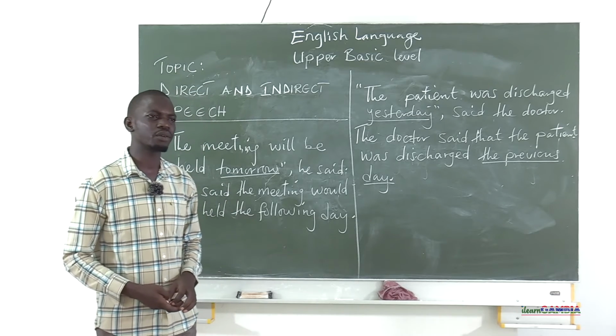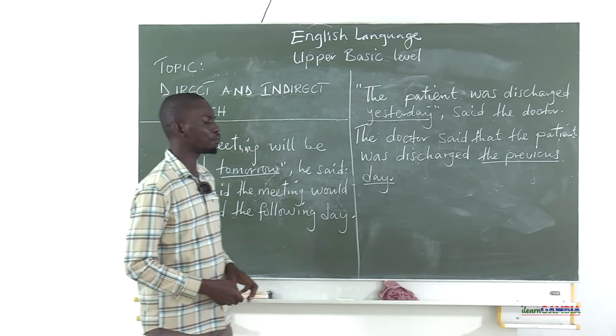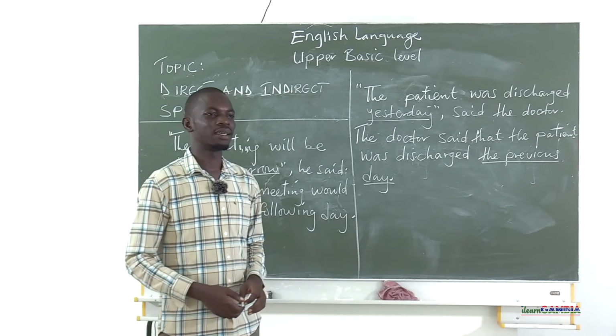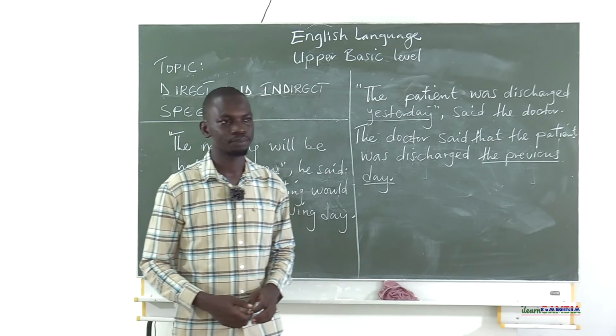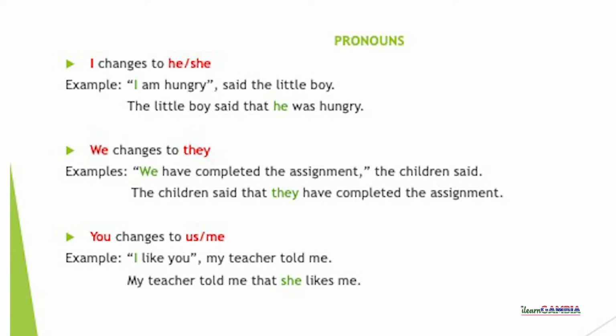Now, we continue. When you are changing a direct speech to an indirect speech, pronouns change as well. Now, the first person singular, that is I, okay? I changes to the third person singular, that is he or she. For example, when you say, I am hungry, in the direct speech, okay?